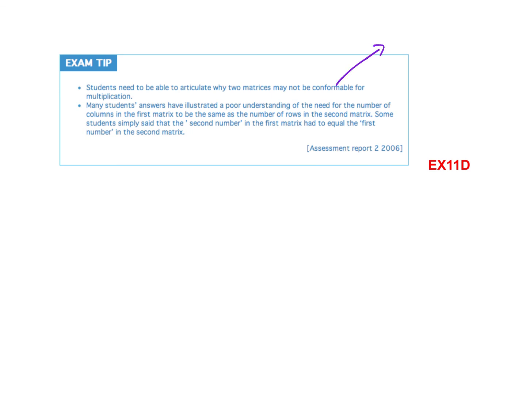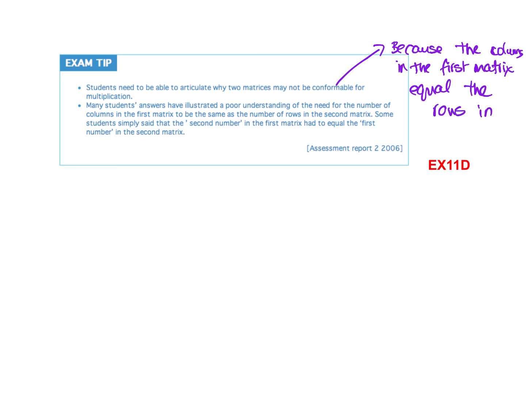That's when you must say, because the columns in the first matrix equal the rows in the second matrix. Okay, so that was that blurb that I told you. So if it is able to be multiplied, that's the reason. If it's not, you say because they're not equal, okay?